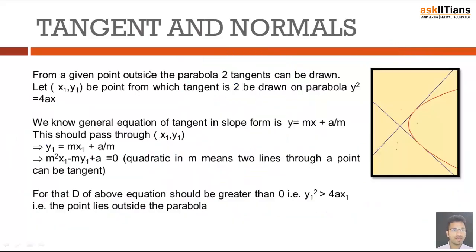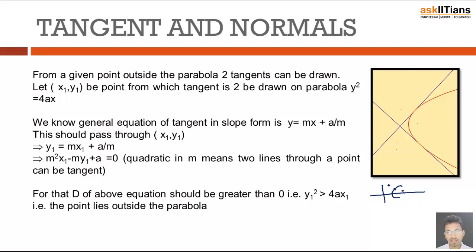So let's study some facts about tangent and normal. Again, I'll say this is one of the most important parts of this whole chapter, the tangents and the normals. Talking more about the tangents, we have studied that we have 3 positions of a point with respect to a parabola.